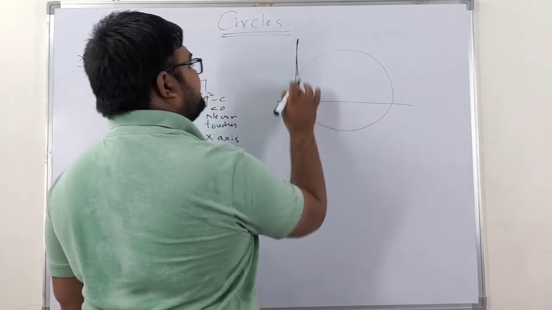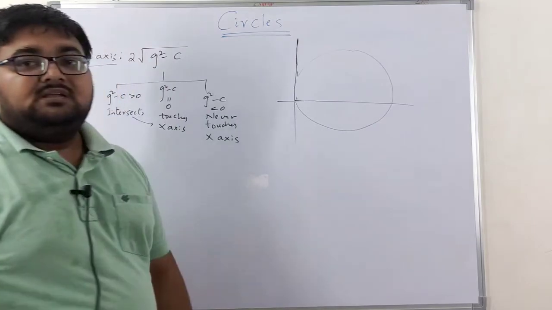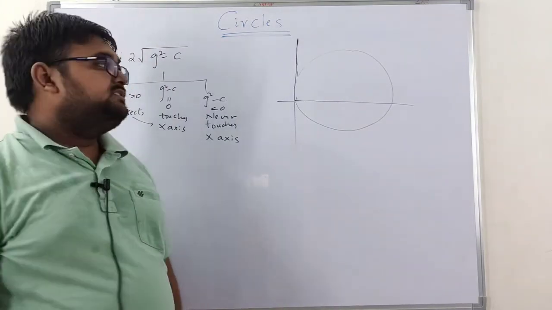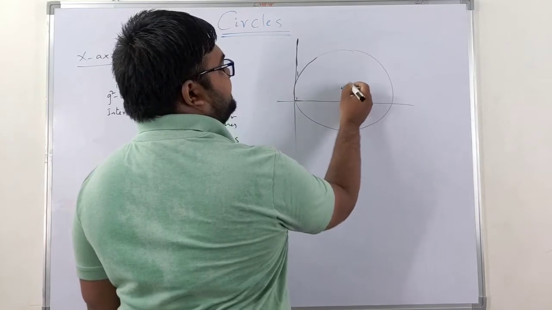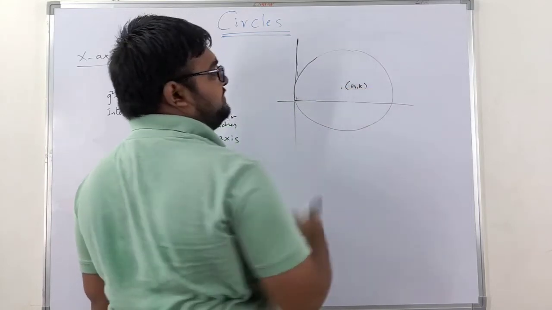If my circle passes through the origin, then let the center be some h comma k.